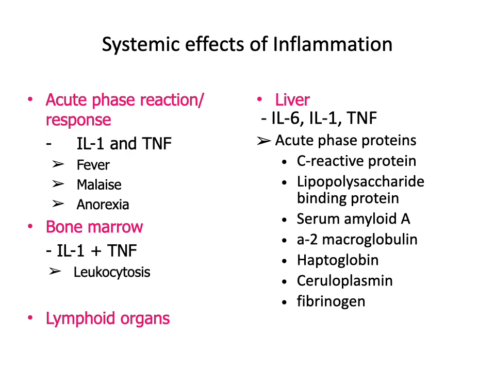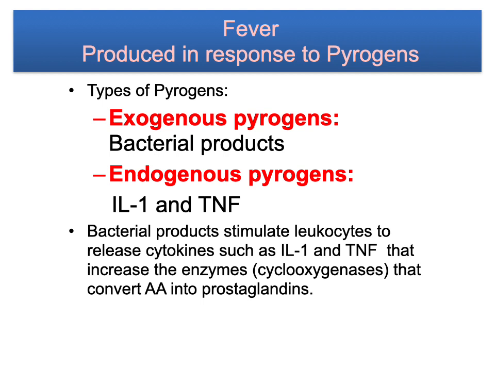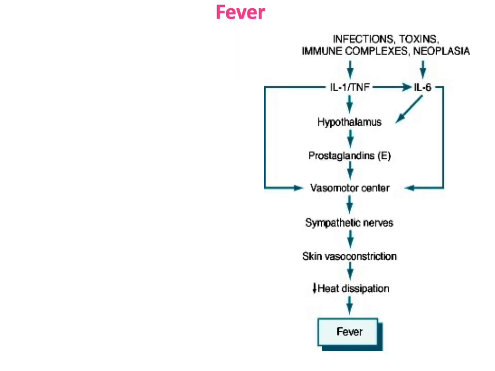Okay, they can also act as endogenous pyrogens, but bacterial products may also facilitate the production of fever. Okay, now IL-1 and TNF or IL-6 induced by gram-negative bacteria will act on the temperature regulating portion of the brain, particularly, and this is known as the hypothalamus.